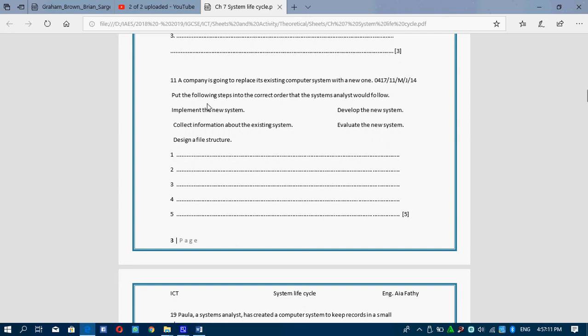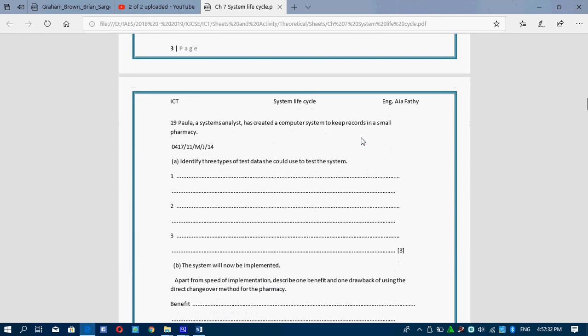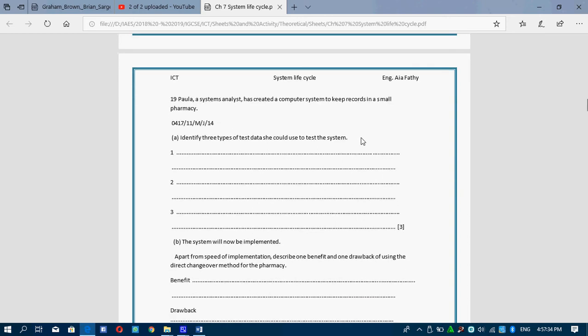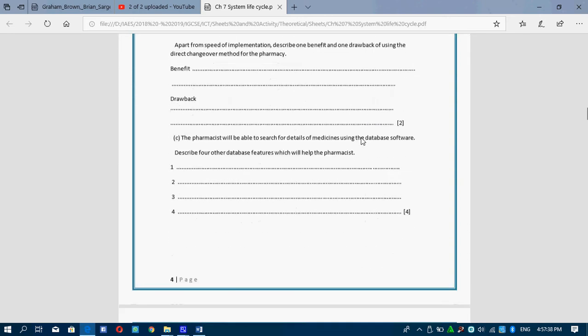If we want to create a new system, the first thing you should do is collect information about the existing system, of course. After that, design. After that, develop the new system. After that, you will implement the new system. The last thing, you will evaluate the new system. As you see, the questions are very easy and you can solve them. It will not take any time from you.